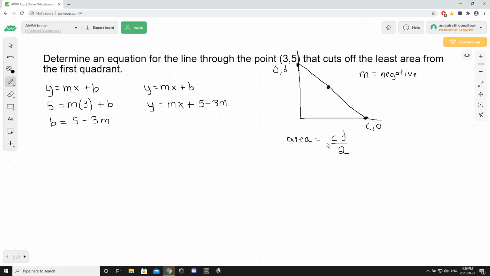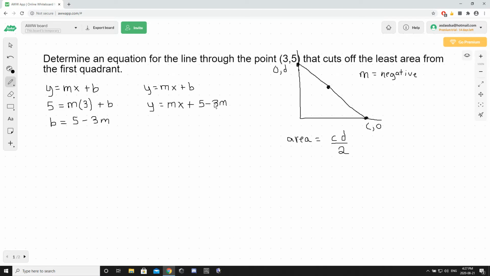Now, what can I do here? Well, I do have this equation, and that will be useful. When you look at what we have here, we have (c, 0), so we have an x value and a y value.